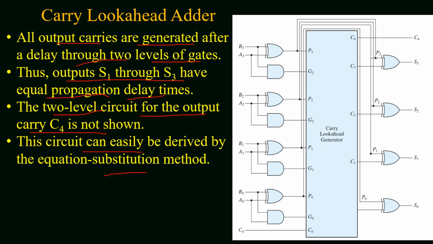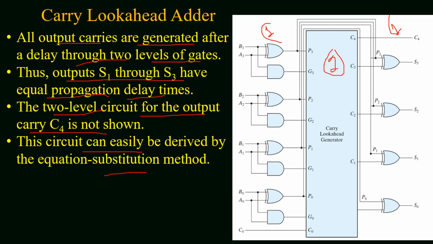Now, if we compare this scheme with the ripple carry adder, in the ripple carry adder, for addition of 4 bits, the carry propagation delay time was about 8 levels, whereas in the carry look ahead adder, 2 levels are required for the generation of carries, where 1 level is required for carry propagate and carry generate, and a further 1 level is required for the output sum.